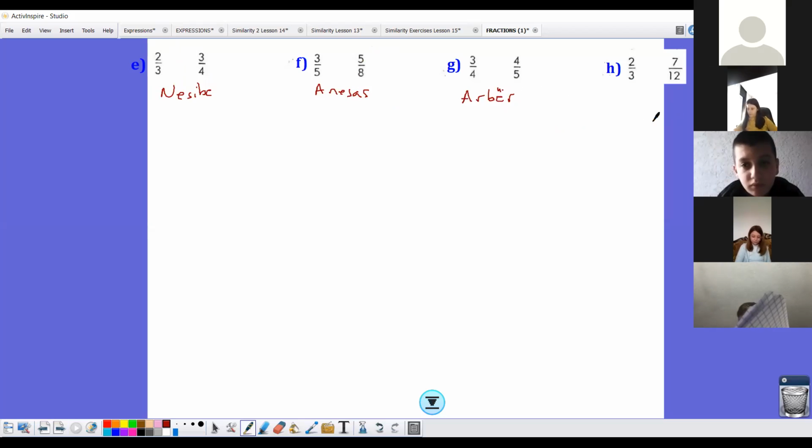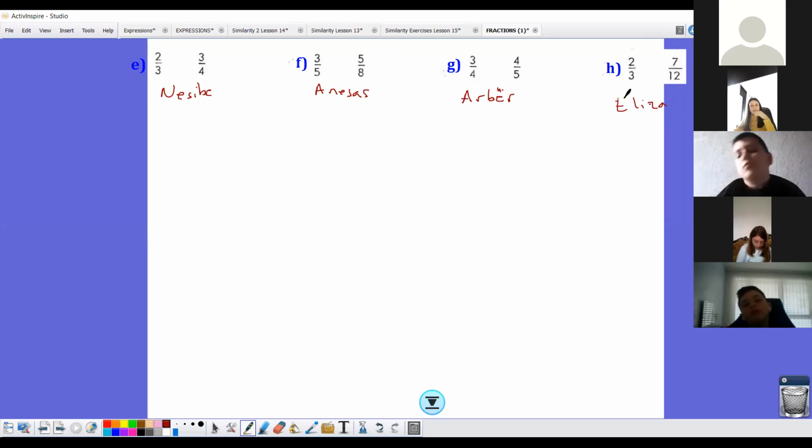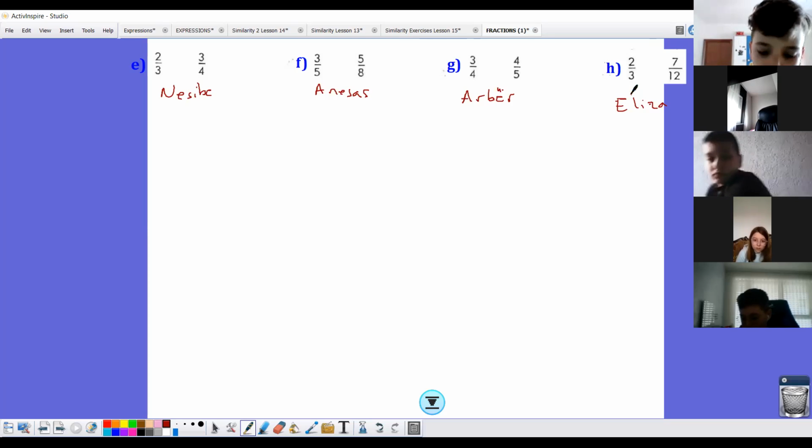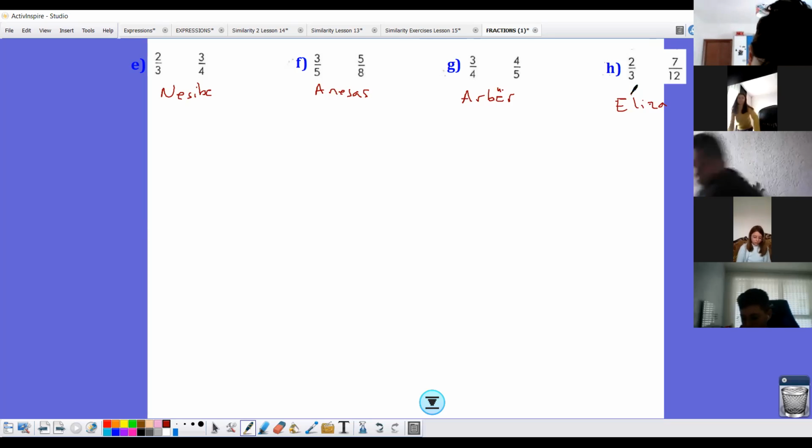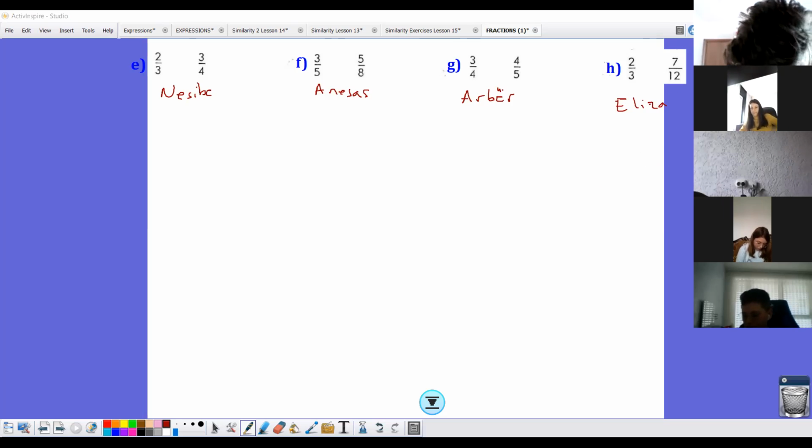And last one, Eliza will do. The others at the same time solve the questions, okay? What was the title? Comparing and ordering fractions.